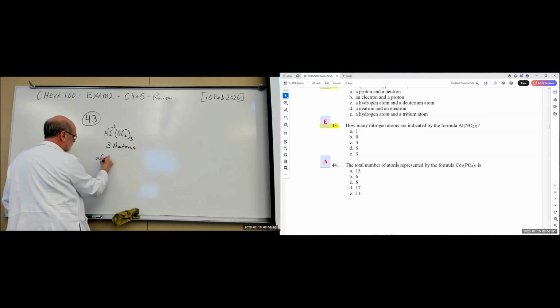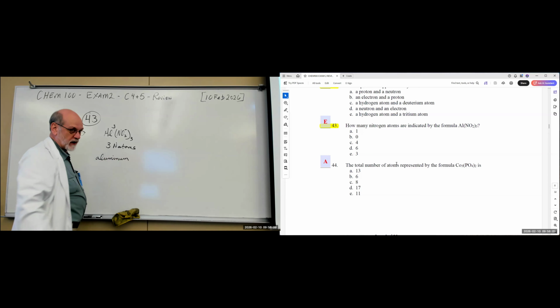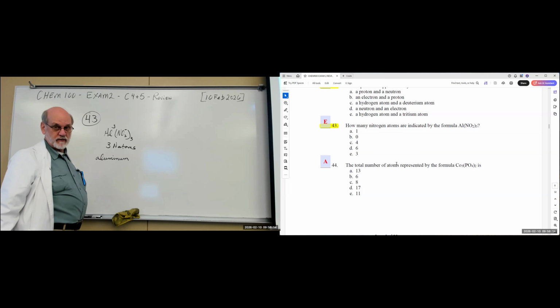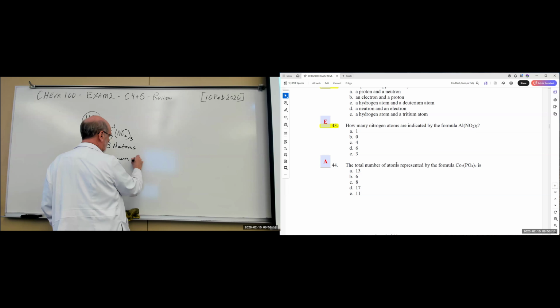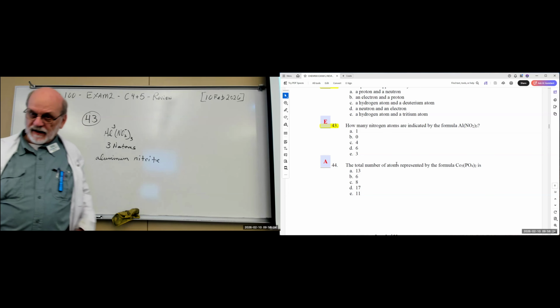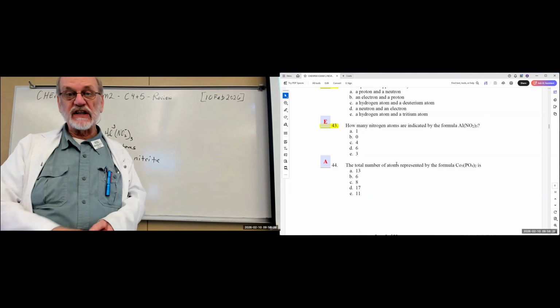So we say aluminum. We don't have to say what the charge is because it's fixed. We don't want to be redundant. And this is a polyatomic ion called nitrite. That's the name. Unambiguous and non-redundant.